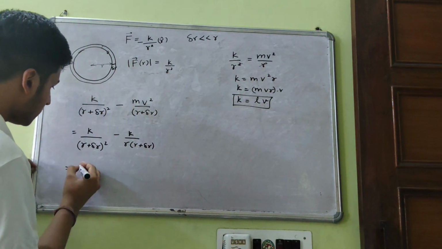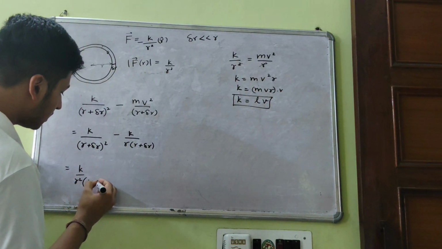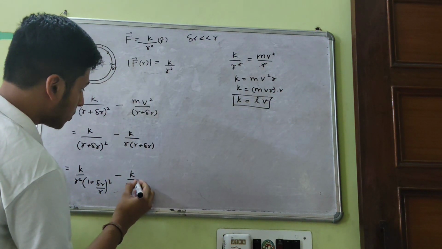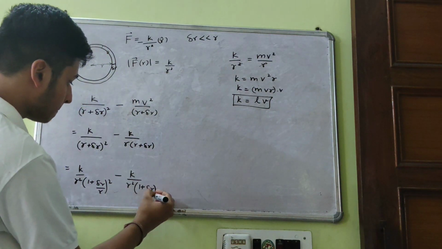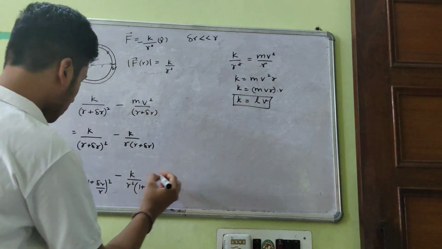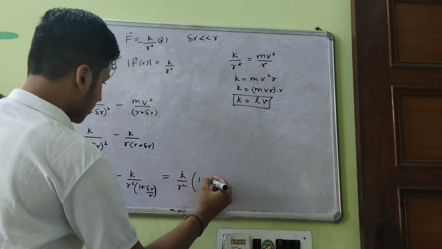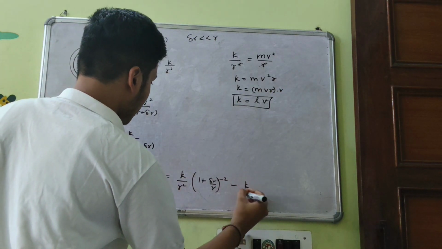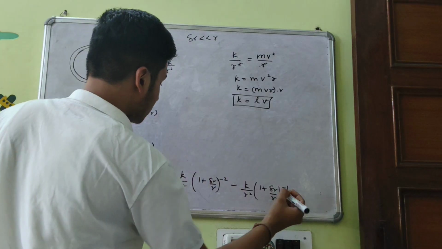This is k by r square, 1 plus delta r by r square, minus k by r square, 1 plus delta r by r, which equals k by r square, 1 plus delta r by r to the power minus 2, minus k by r square, 1 plus delta r by r to the power minus 1.